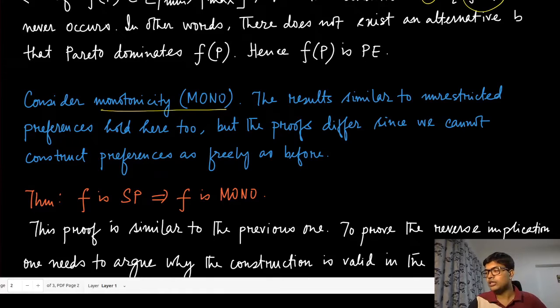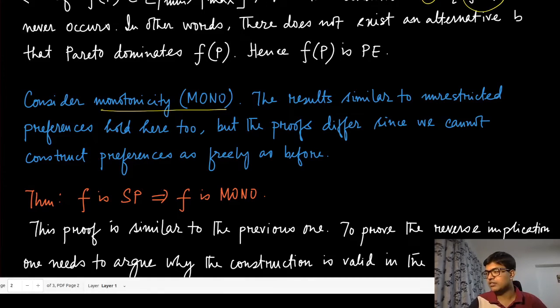So let us look at the relationship between strategy proofness and monotonicity, and look at the easier direction. Strategy proofness implies monotonicity, and if you recall the proof we did, we transitioned from one preference profile to another preference profile by changing one agent's profile at a time, and the same proof will hold even for this setup.